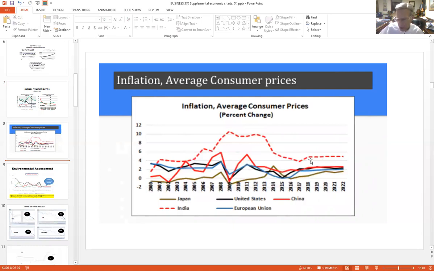And I would tend to think that it's closer to the 5% because the economy is growing, and it has been difficult for India's government to get control of the economy, as Mr. Modi, the Prime Minister, had promised when he was first elected.